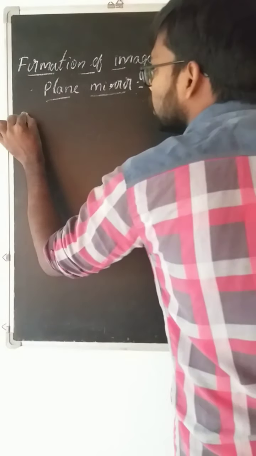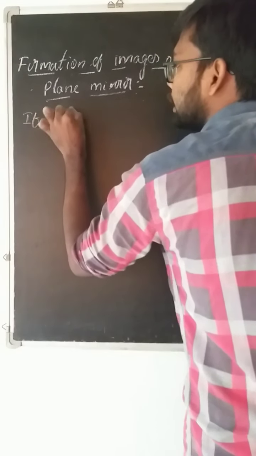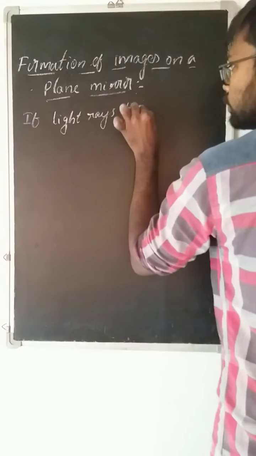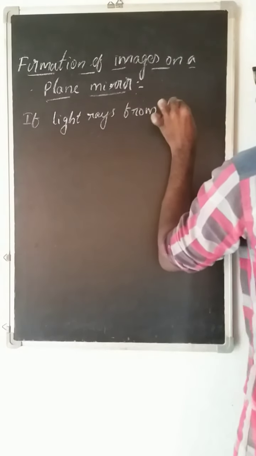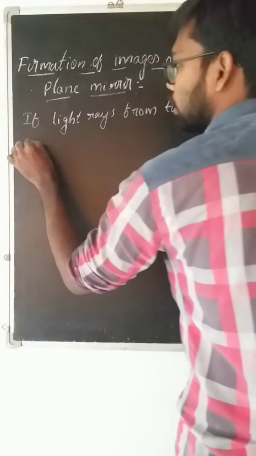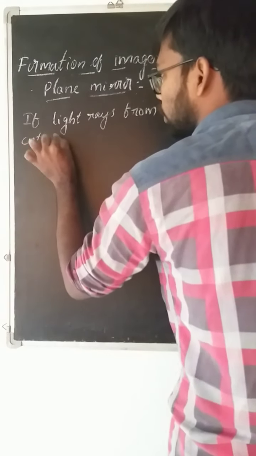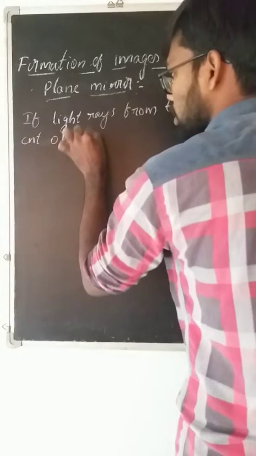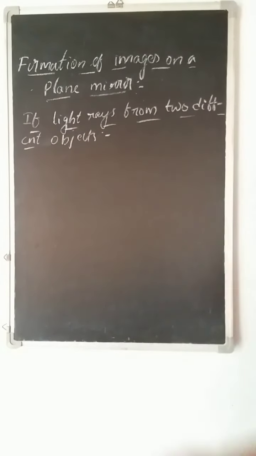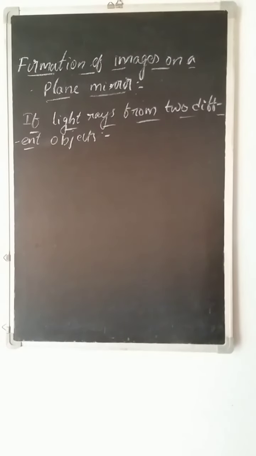Next one is, if light rays from two different objects. Okay, light rays from two different objects, then how will we get the image?